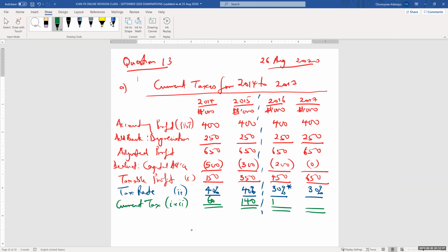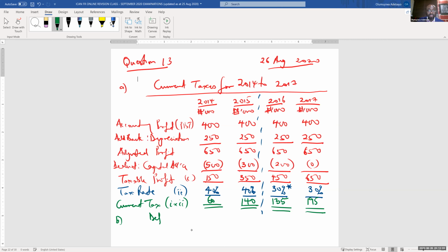That's wrong. Oh, 135. Sorry, it's 0.3. 135. Remember that the tax rate has changed. Please let us be careful. And the fourth year? 195. Okay, as simple as ABC.